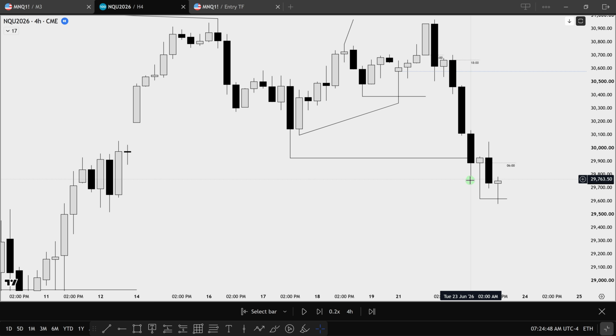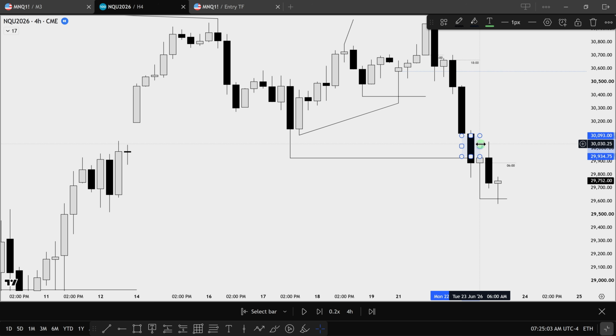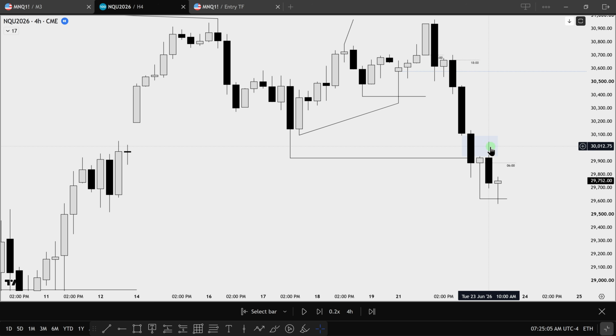If this candle sweeps this low and then it starts to retrace, you can already tell this is going to close as a bullish candle, so that we have this gap here. And then if we want to continue lower or go higher to tap into the next gap, that all depends on the 10 a.m. But we can trade this candle until it closes so it can create another gap.